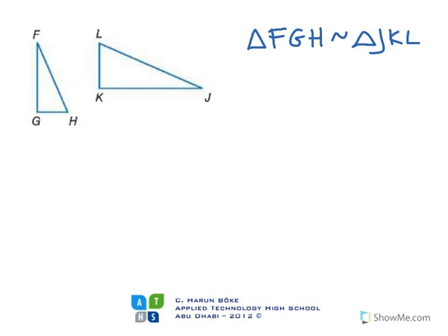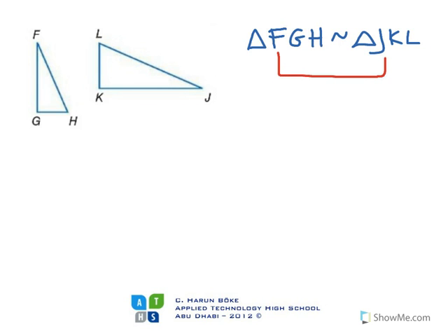In this example, we are given two triangles, and the triangle FGH is similar to the triangle JKL. Now, let's write the corresponding angles.